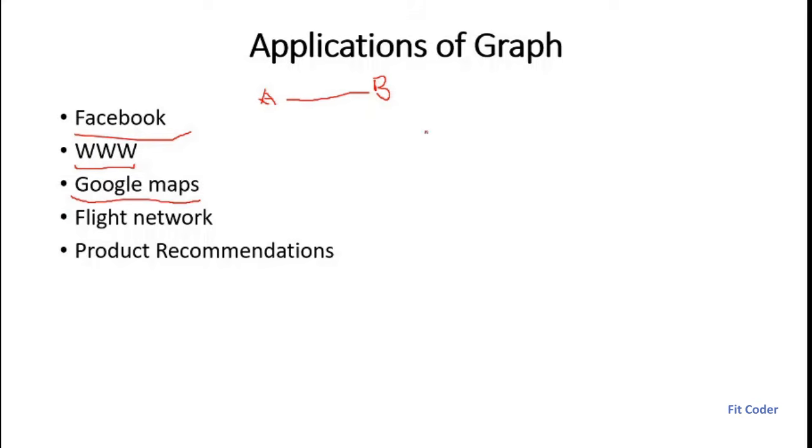So let's say we have this road and we have a crossroad. Basically this is considered as a vertex, and these roads can be considered as edges. There are various algorithms in graphs that can be used to determine the shortest route from point A to point B. Google Maps uses those algorithms to find the shortest route when you type a destination.